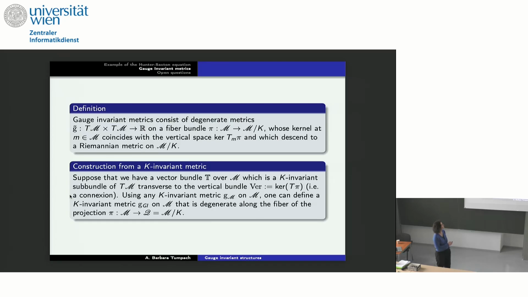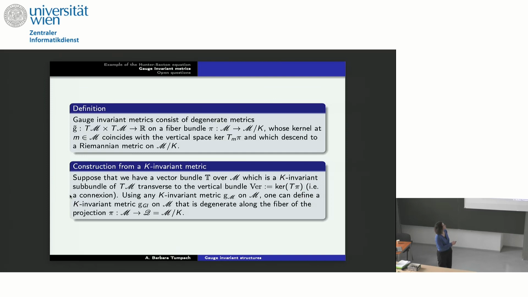K is a group acting on M in such a way that we have this fiber bundle structure, which is perhaps not completely trivial in infinite dimension, but I suppose we have this fiber bundle structure.